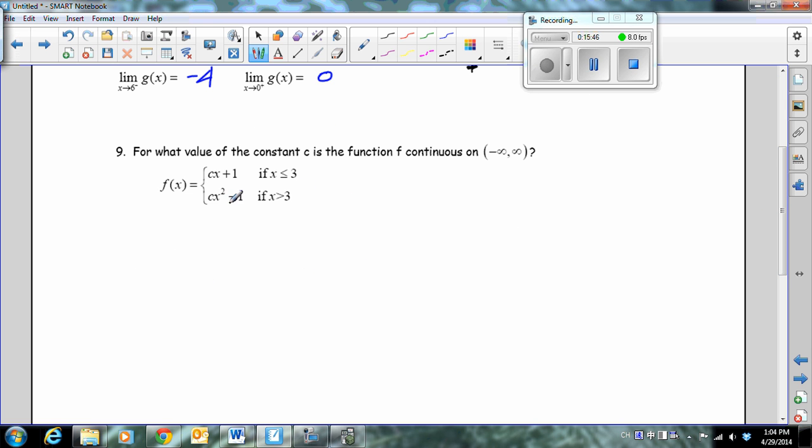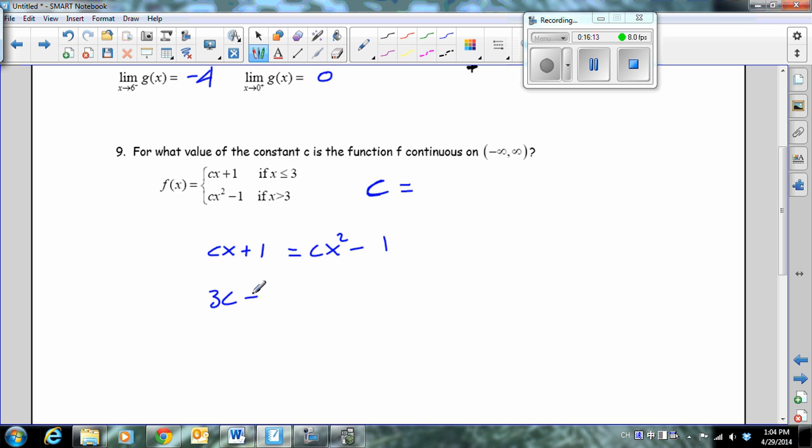For the last one, for what value of the constant c is the function f continuous on negative infinity to infinity? Well, all I need is to find out what the limit is going to be. Here, in order for me to have these two identical when I plug in 3, I can say cx plus 1 is equal to cx squared minus 1. But in this case, x is 3.